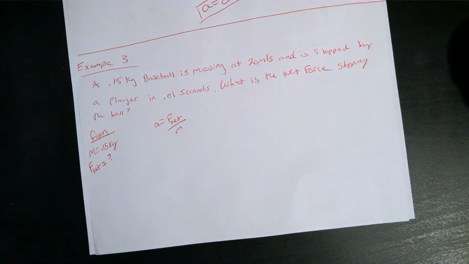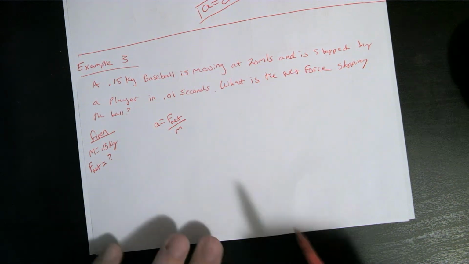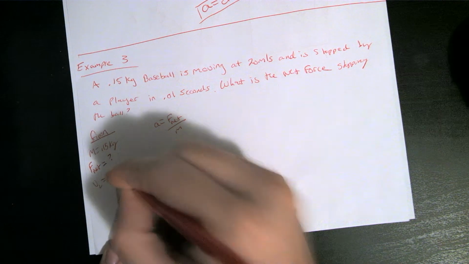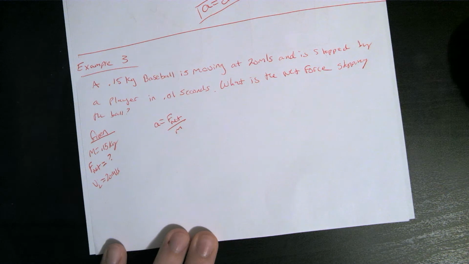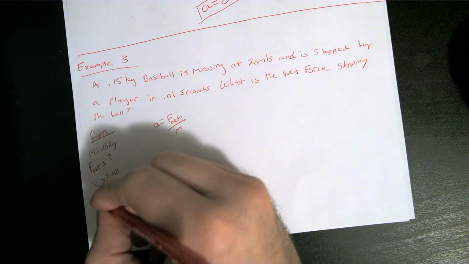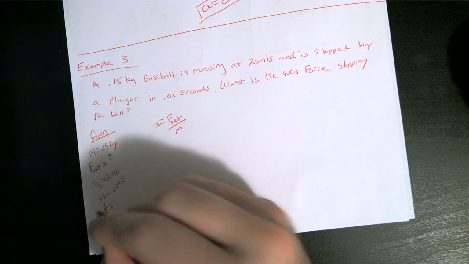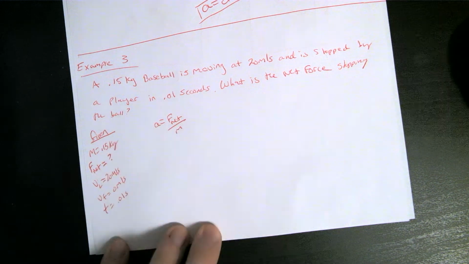Well, do we have our acceleration here? No, it doesn't tell us straightforward what the acceleration is. But remembering kinematics, they give us enough information to solve for the acceleration. They give me an initial velocity of 20 meters per second, and it is stopped, so it comes to a rest, right? A halt. So that's VF equals 0 meters per second. And then they give you a time, 0.01 seconds.